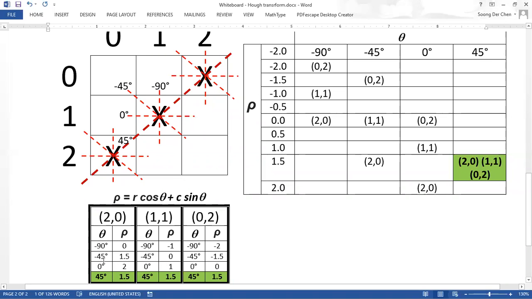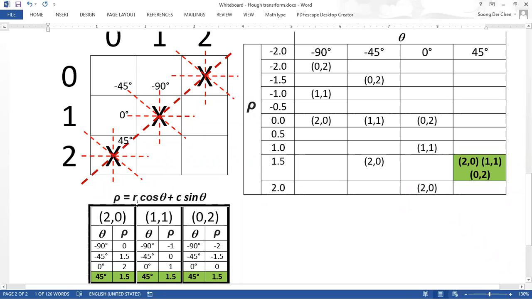In actual computation, of course, we don't use such a big resolution. You could have negative 90, negative 89, but in the exam, it is usually not practical to do that. So I ask you to use a resolution of 45 degrees: negative 90, negative 45, 0, and 45. Everybody, are you with me? Yes, sir.